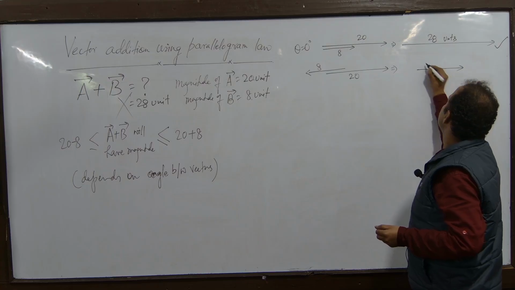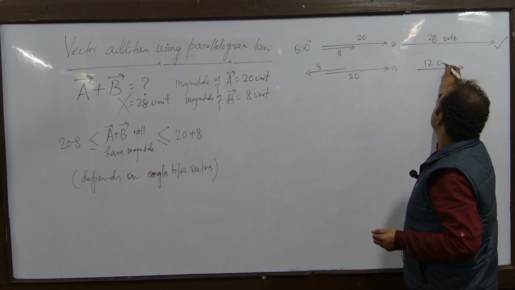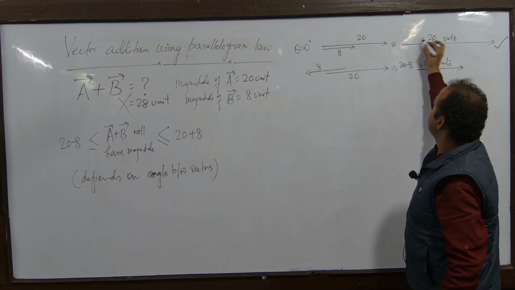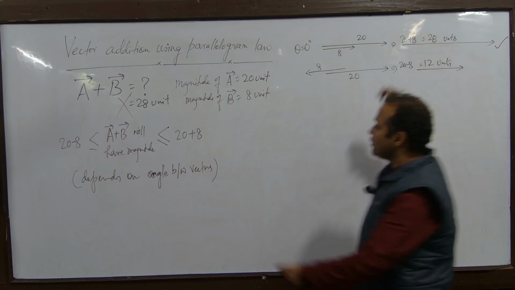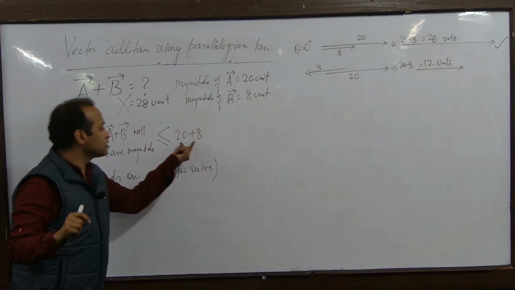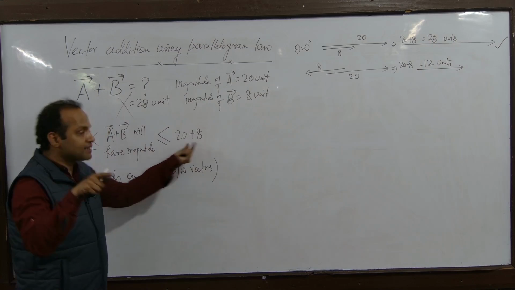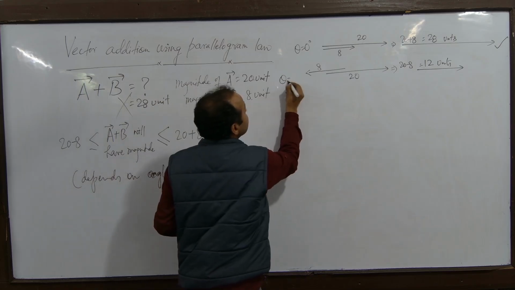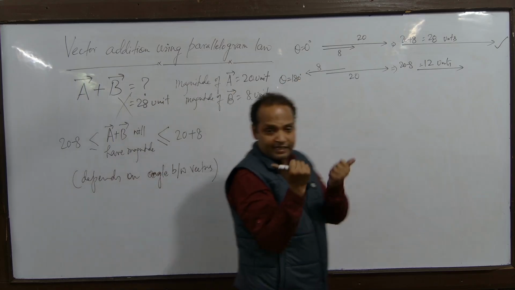This will be 12 unit. 20 minus 8. This is 20 plus 8. So you have already known these two limits: when it will be 20 plus 8, when it will be 20 minus 8. When it is 180 degree, opposite direction, 180 degree.